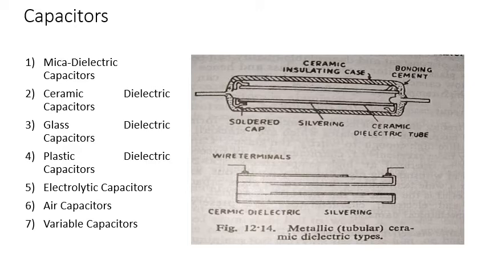Now the ceramic dielectric capacitor. There are three varieties of ceramic capacitors: low permittivity, low loss types, medium permittivity, temperature compensating types, and high permittivity types. The constructional details of the ceramic dielectric type are shown in the figure, and the low permittivity, low loss types are generally made of steatite or similar material.